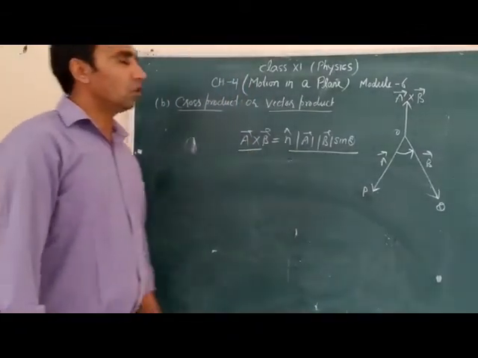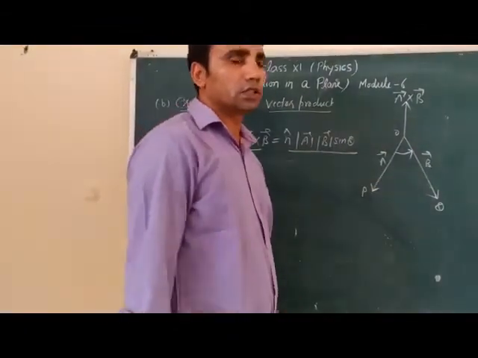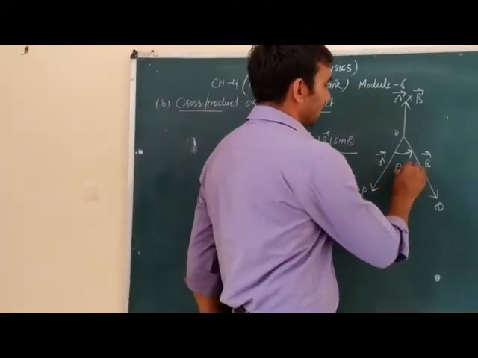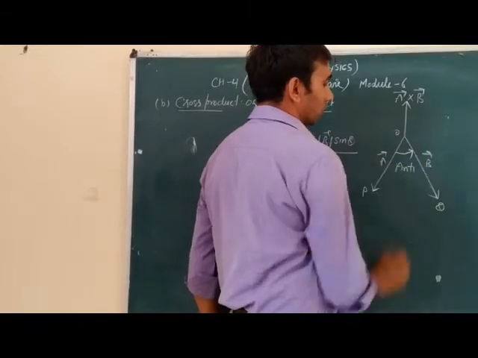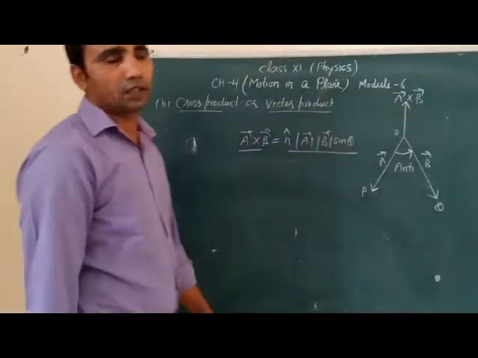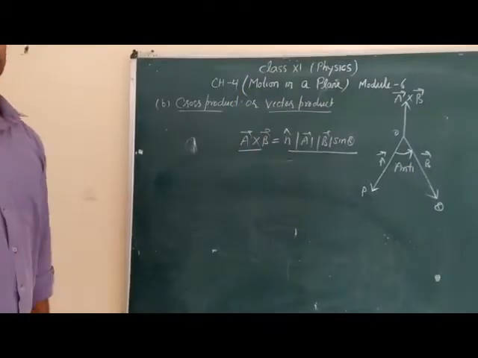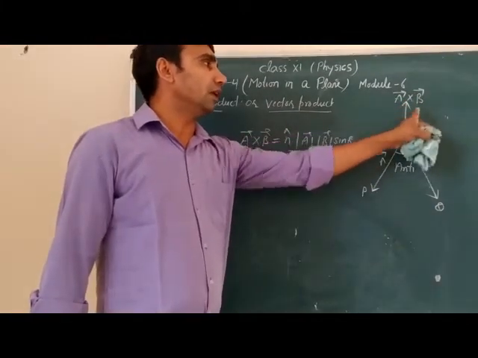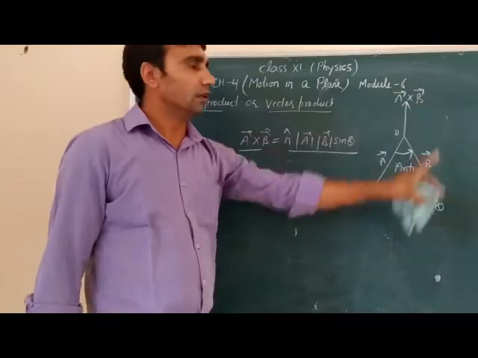If we rotate these two vectors anti-clockwise, then we get vector A cross B along the z direction.